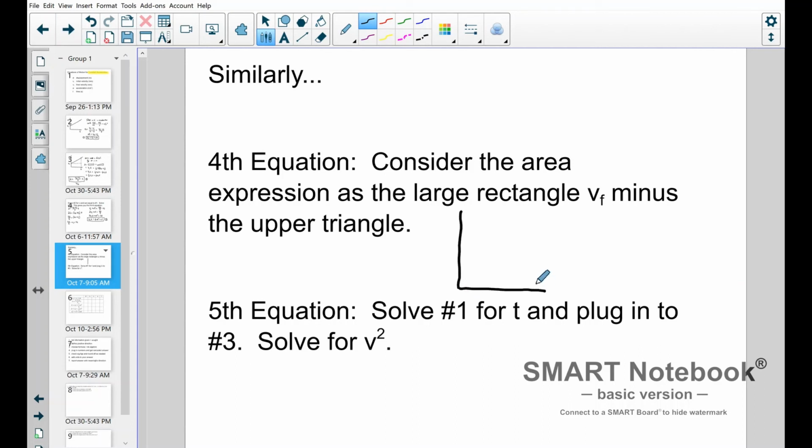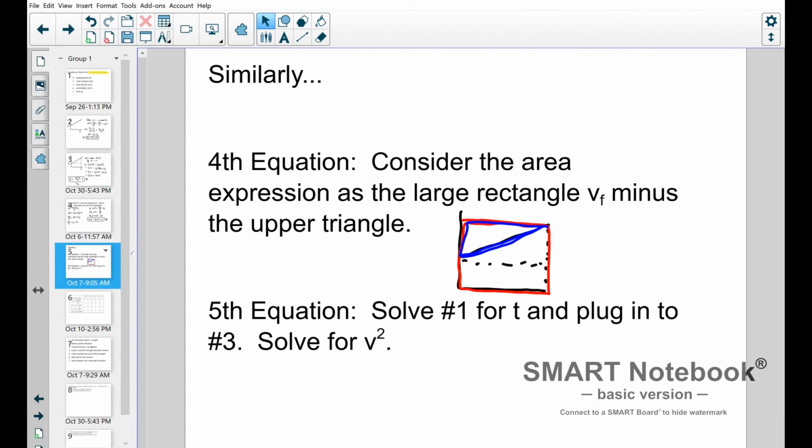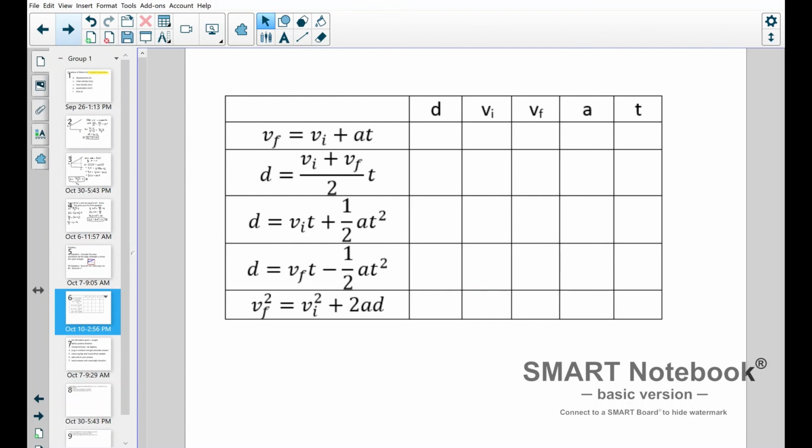So instead of doing this underneath piece this way, you consider this whole rectangle and then subtract this triangle, and you'll come up with the 4th equation. And then for the 5th one, you take the very first one, solve it for t, and plug it back into number 3. Where that leaves you is with these 5 equations.